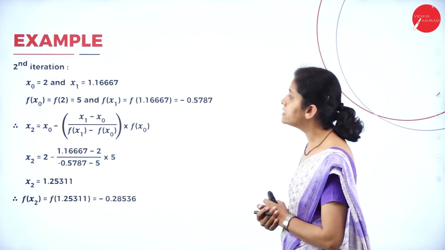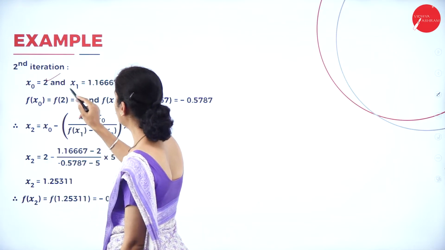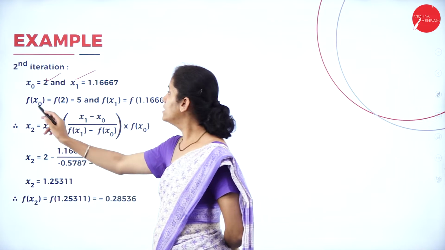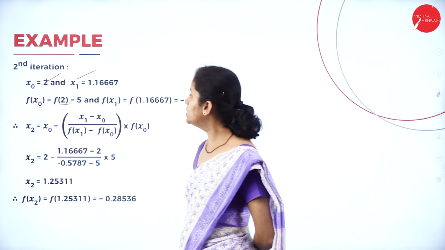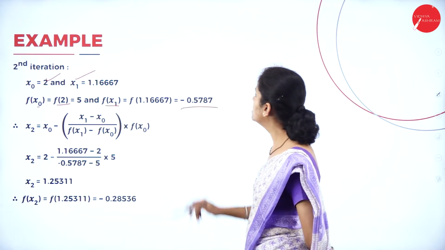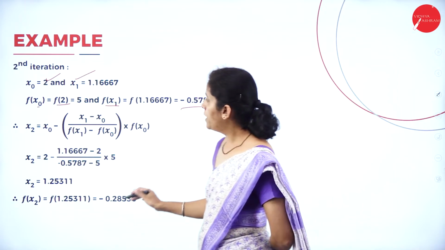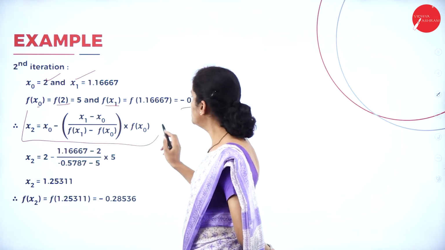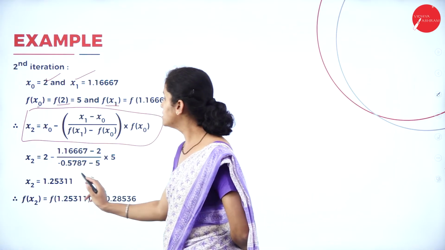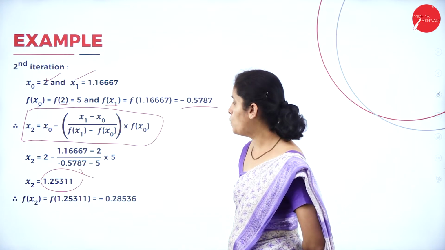Now in my second iteration, see here, x0 is 2, x1 is 1.1667, f of 2 is nothing but 5 and f of x1 is nothing but minus 0.5787. Now I'm going to substitute this in this formula and I'm going to get the answer 1.25311.